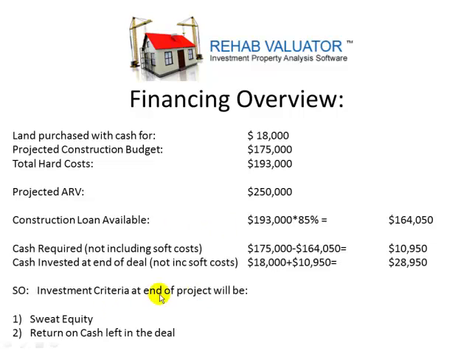So I'm targeting at least $40,000 to $50,000 of equity in this project once I'm done, and then I'm going to be looking at my return on my cash going forward on the cash that I'm leaving in this deal. And again, once I show you the numbers in the software, it'll make more sense. So let's go to the software.